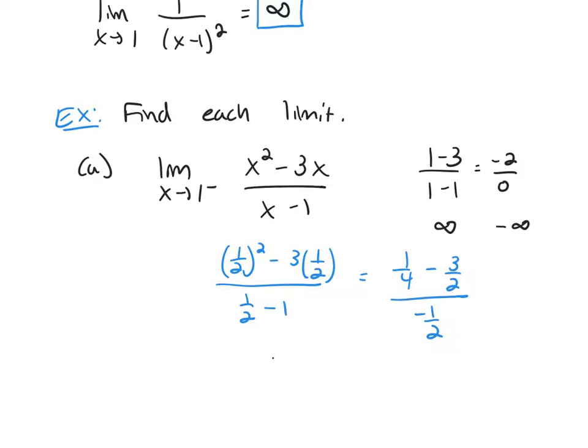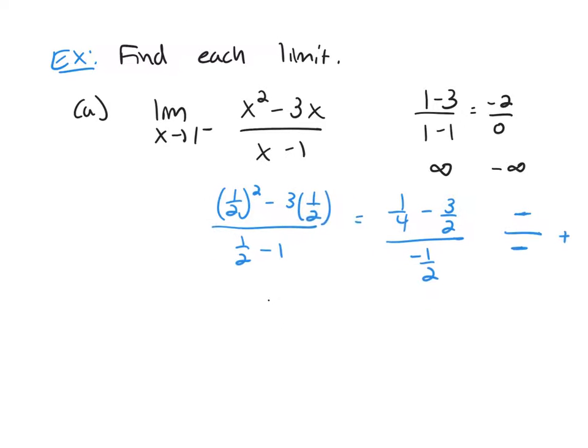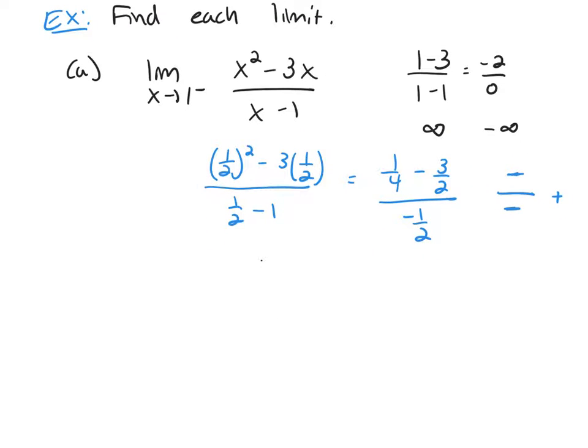In the numerator, I'm getting a negative, since 3/2 is bigger than 1/4. In the denominator, I'm getting a negative. So overall, I have a positive. So this limit will be positive infinity. As x goes to 1 from the left, for x squared minus 3x, it's going to be positive infinity.